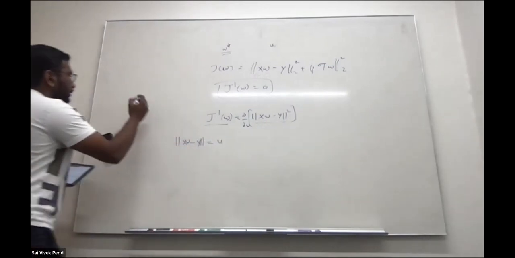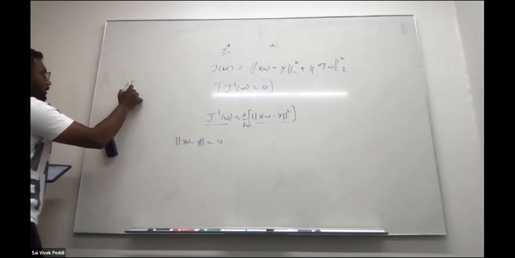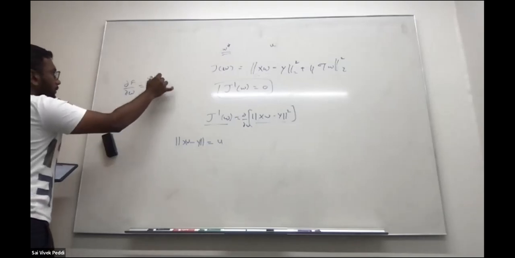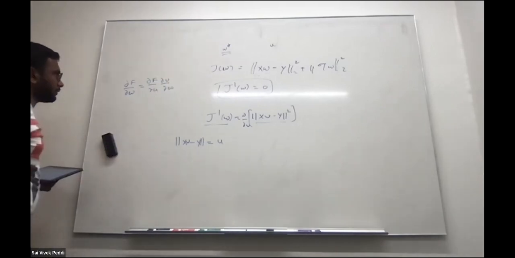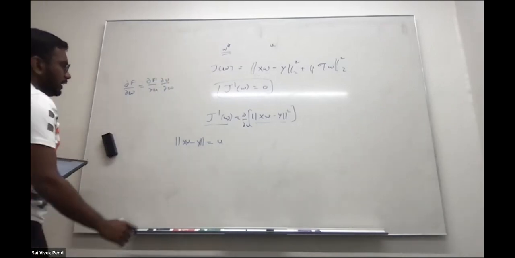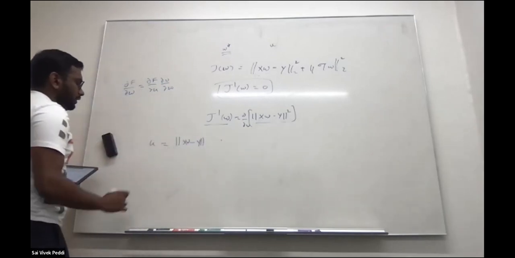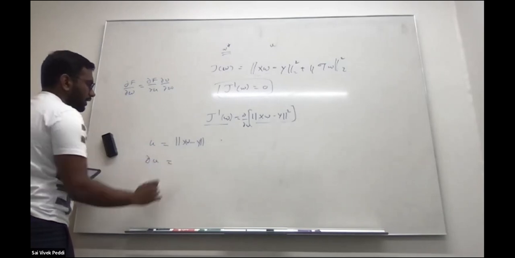Now we know that dou f by dou w can be written as dou f by dou u into dou u by dou w, right? So if I say u equals to this thing, what will dou u by dou w become?